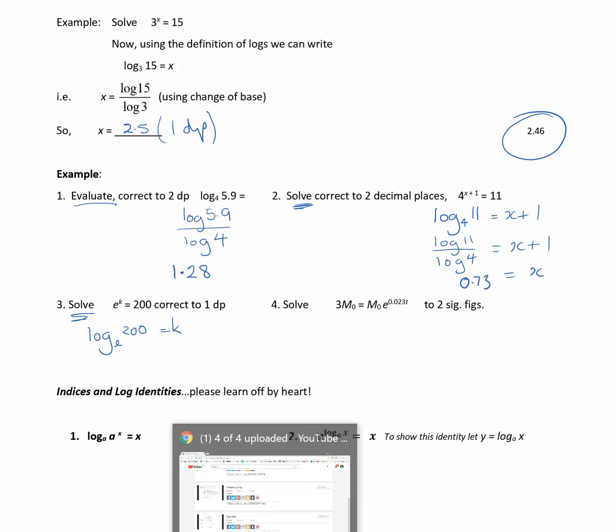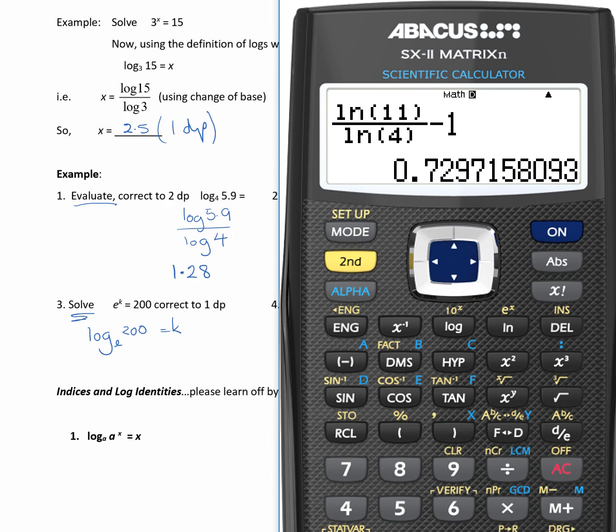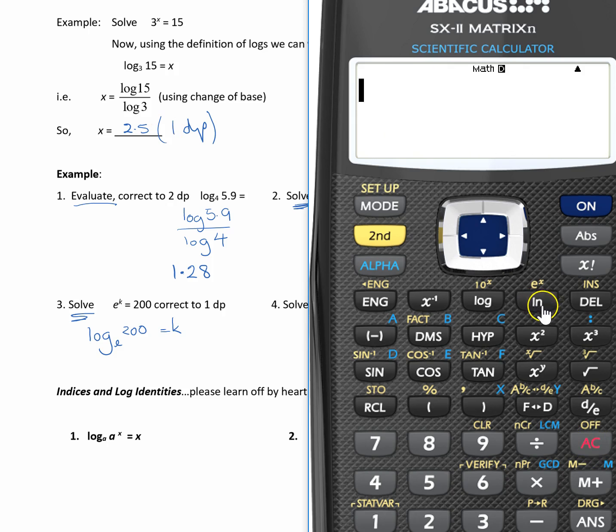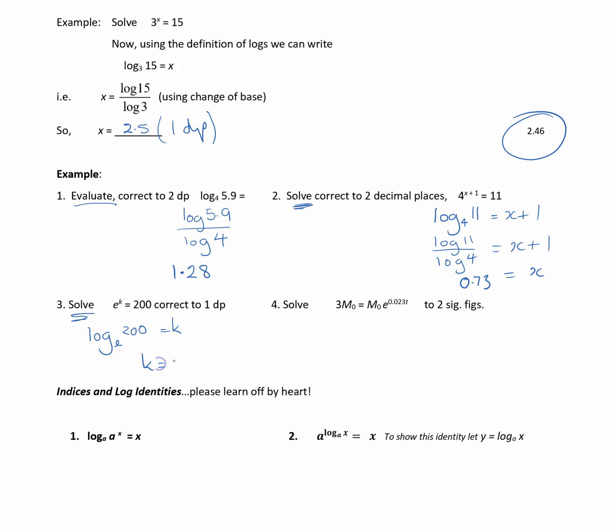It says to 1 dp, so we simply want the log to base e of 200. Close the bracket. And to 1 dp, that's 5.3. So k is equal to 5.3.